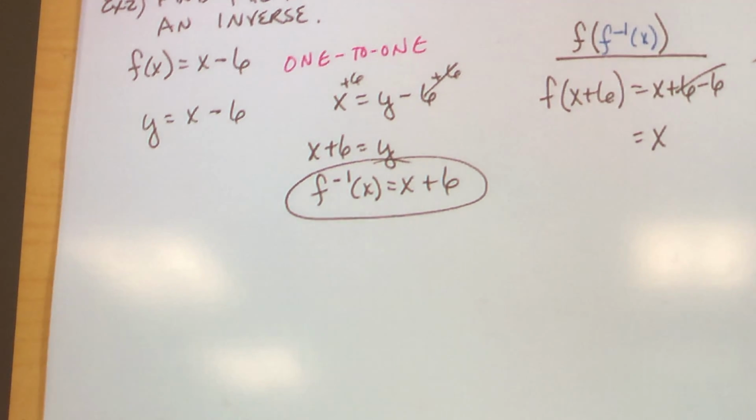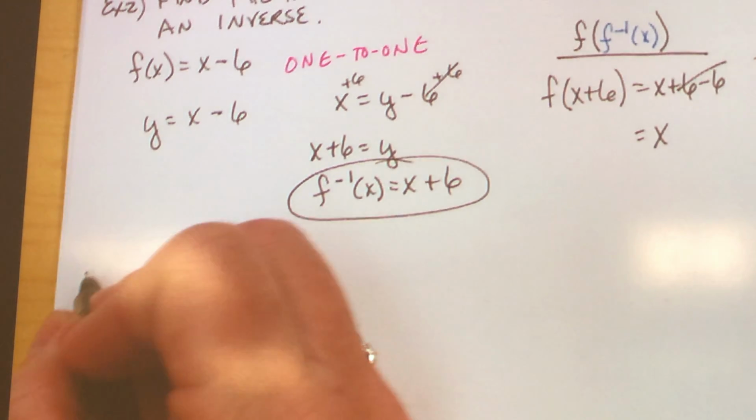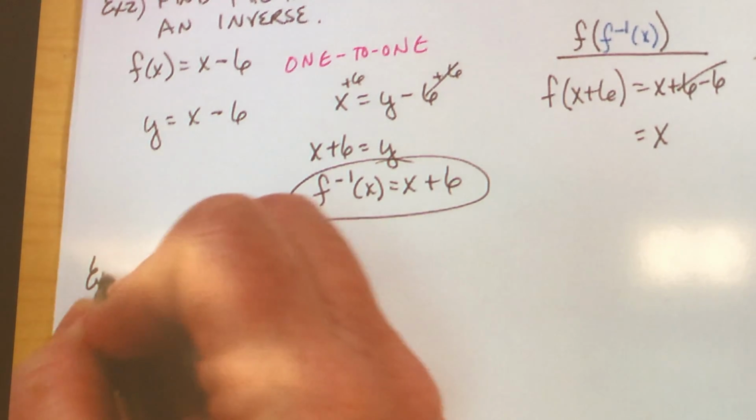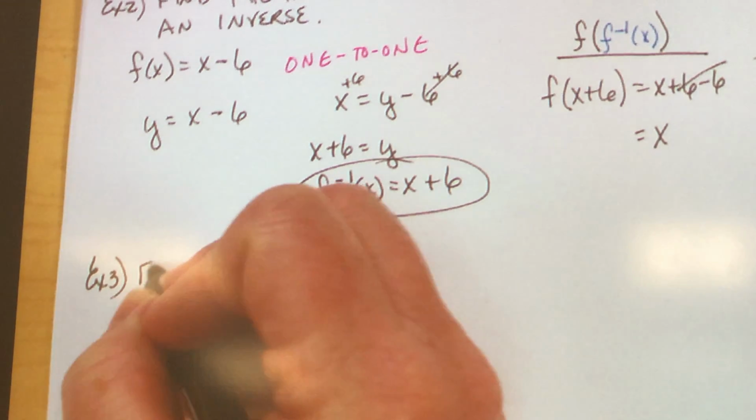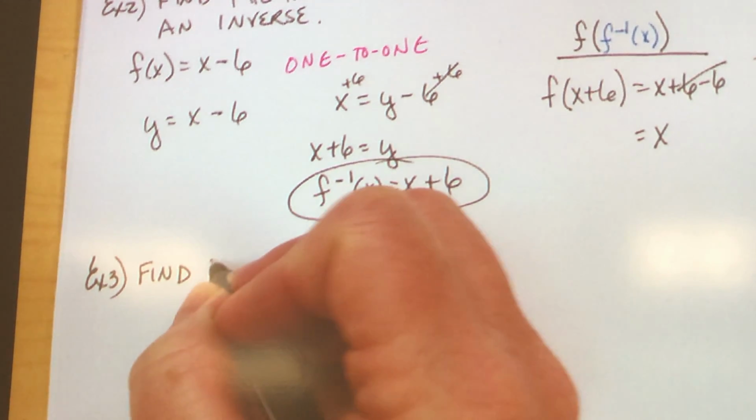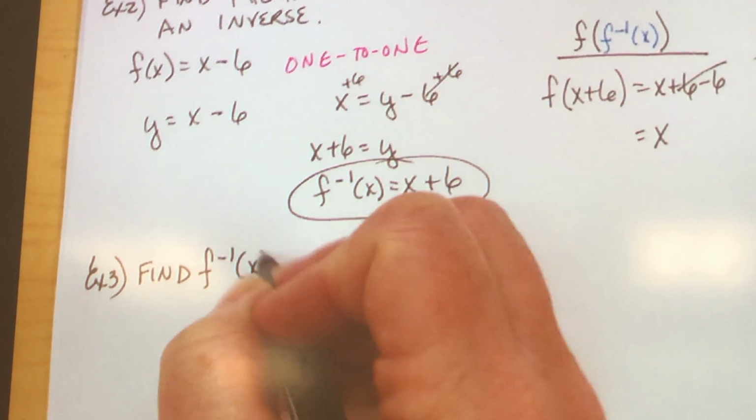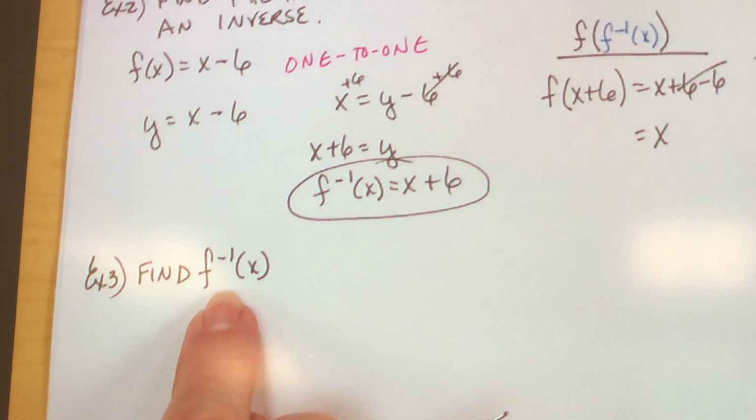All right, so that's like a kindergarten problem, right? So let's do another one that's a little more difficult. Let's do example 3. Find, what does that mean? Inverse function.